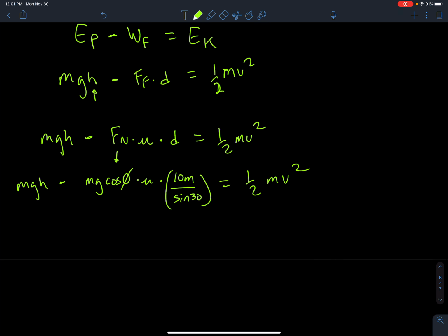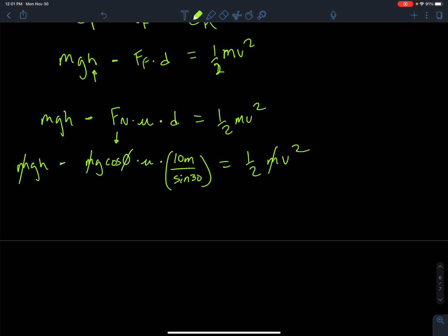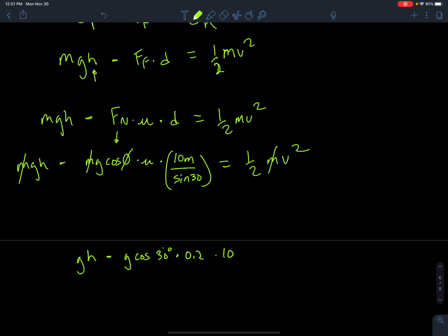All right, so let's take a look at what I can do here. Already, before I do any math, I can see something that I can simplify. I can factor out the m's, so the m's will cancel out. I don't have to worry about the mass of that object. Which then leaves me with this: g times h minus g cos 30 times 0.2 times 10 divided by sine of 30 is equal to 1/2 v squared.